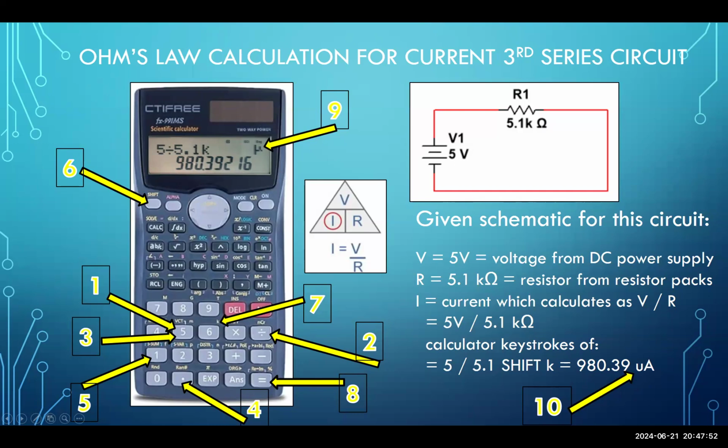Now let me show you for a moment how we do this on the other calculator that does not have the engineering prefixes. Same calculation. You should write this down in your journal. 5 volts divided by 5.1 kilo ohms gives us these 980.39 microamps.